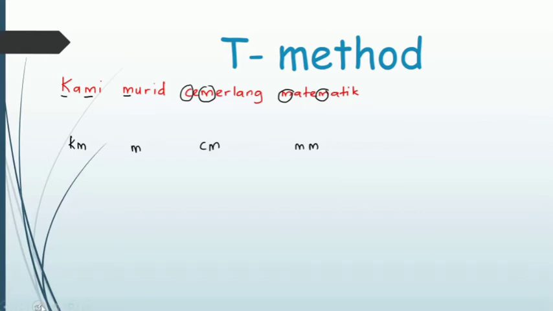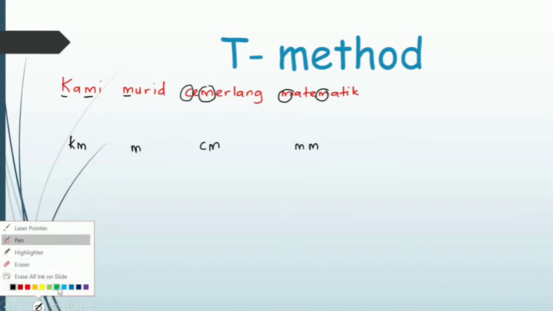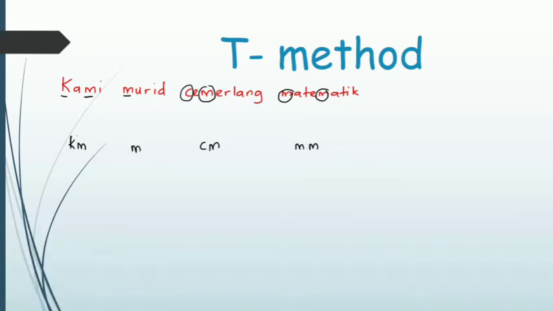Now you see class, from kilometer to meter, what are we going to do? We are going to convert the unit of kilometer to meter. The relationship between kilometer and meter is times 1000. When we convert from the biggest unit to the smallest unit, we will do times 1000.